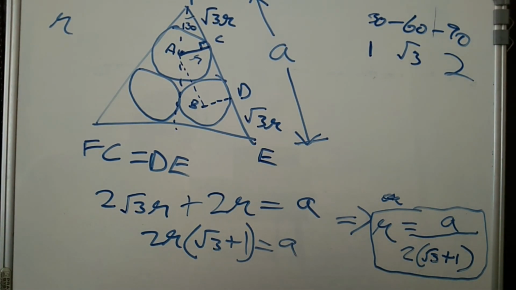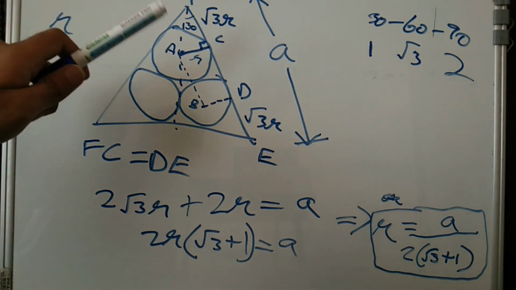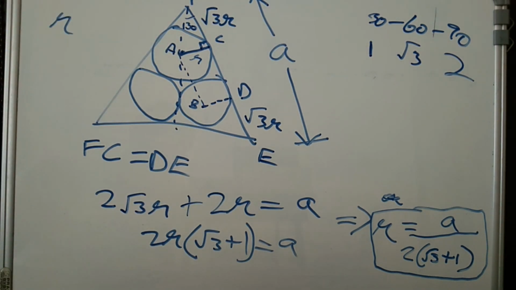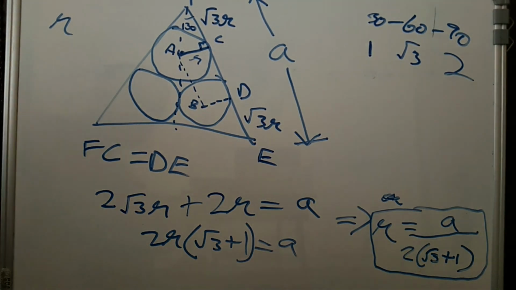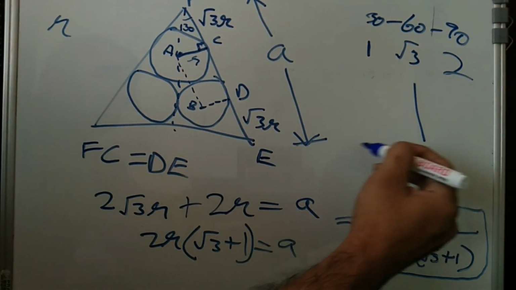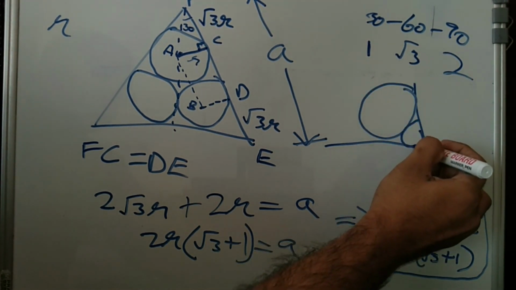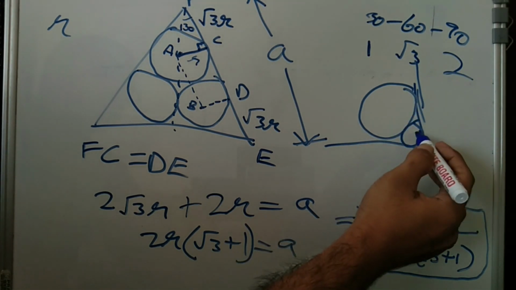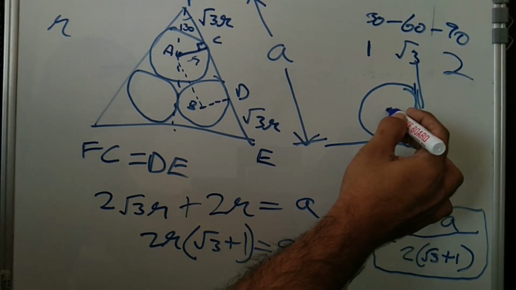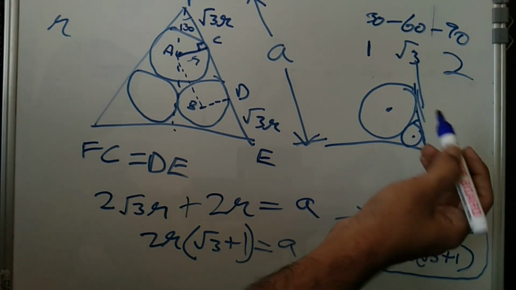So why I discussed this question, because this figure is very familiar to us. We must have seen this figure in many questions. Likewise, this figure is also very famous. There is one bigger circle, there is one smaller circle over here. I have to find the relation between the radius of this bigger circle and the radius of this smaller circle.